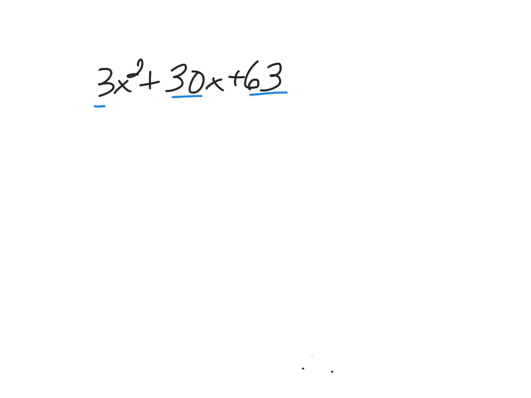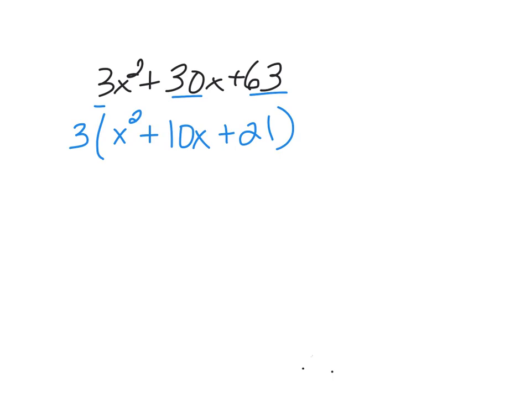So 3, 30, and 63, I could divide 3 out of all of those. So I'm going to put 3 out in front of my parentheses, and then I'm going to divide it out of each of those terms. So that's going to leave me with x squared plus 10x, since 30 divided by 3 is 10, plus 21, since 63 divided by 3 is 21. Now I keep that 3 out in front because that's the only way I can make it become what it started with, is if I distribute that out.